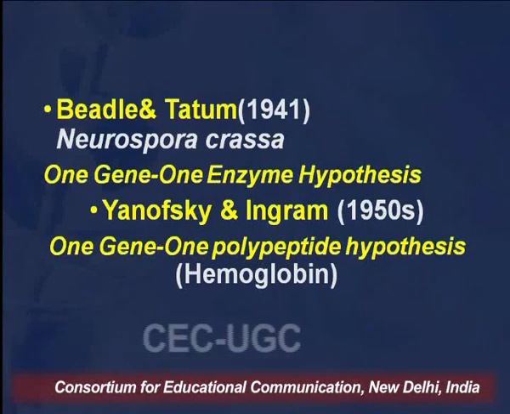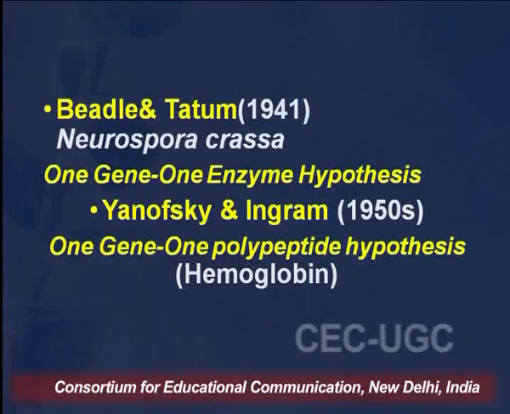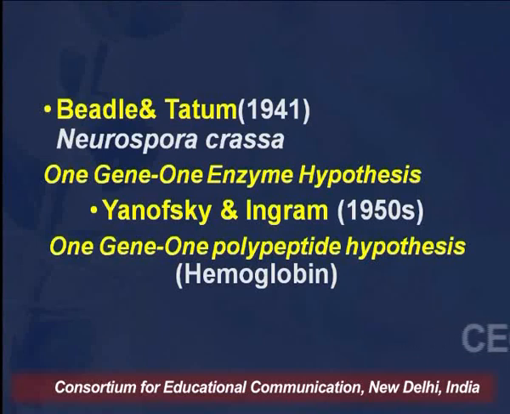As enzymology grew further, Yanofsky and Ingram in the 1950s found that a gene may not be controlling one enzyme all the time, because many proteins are made up of more than one polypeptide, hemoglobin being the classical example, and a change in just one of the amino acids in one of the alpha or the beta units could do the trick.